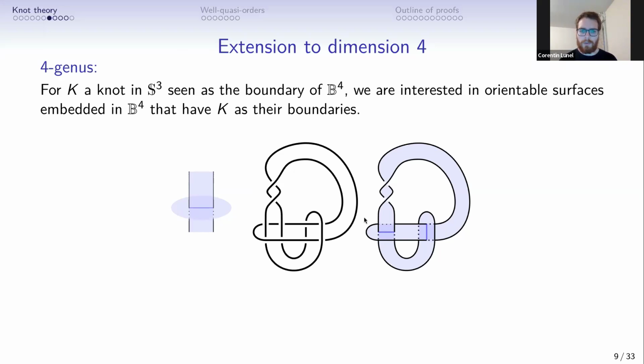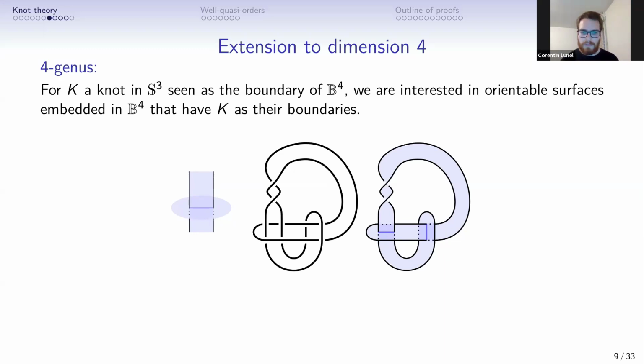And here I want to show you one example to help understand things. So here is a knot, and you can see that this knot can be obtained as a boundary of a disk that self-intersects 2 times on this kind of pattern, which is called a ribbon intersection. And these intersections can be pushed into B4, so that they disappear.